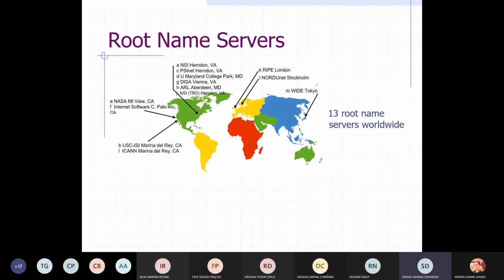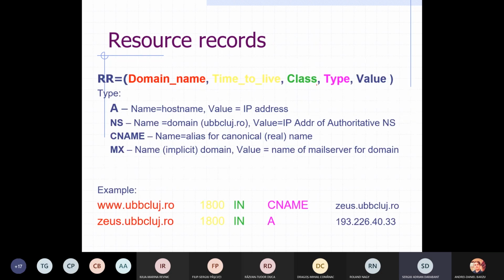Let's skip this part. And then inside those files, you have records. And there are multiple types of records. For example, you have type A records inside those text files, and those are mapping host names to IP addresses. Then you have NS records.